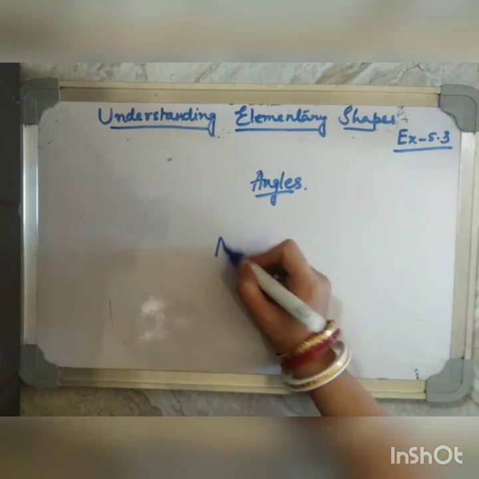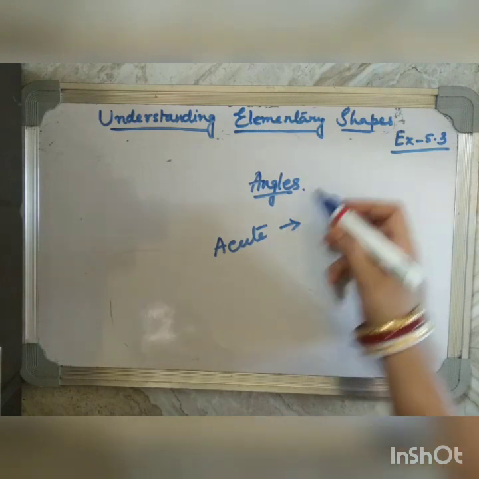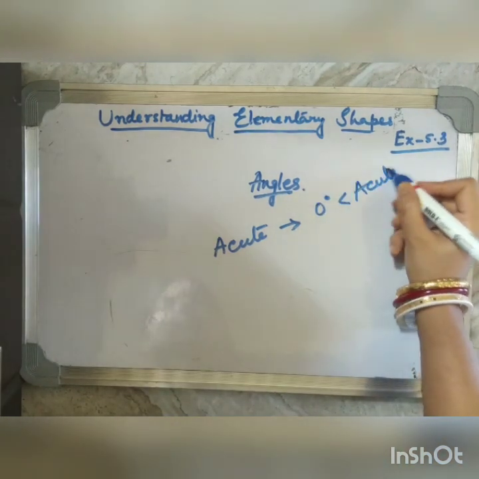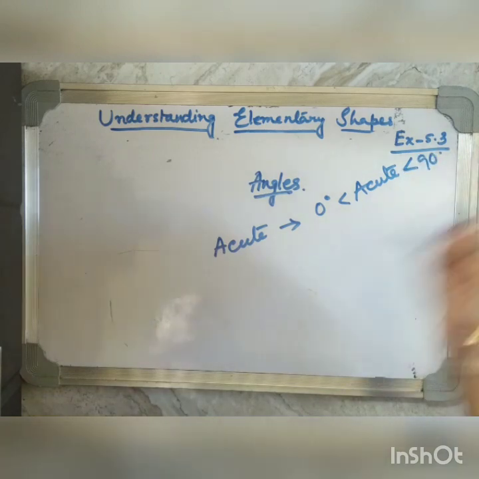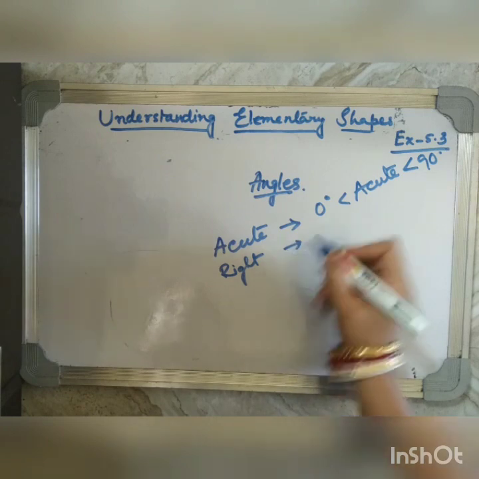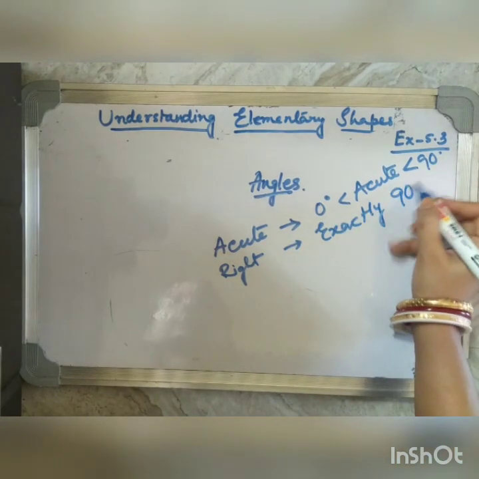Angles are: acute angle, which is more than 0 degree and less than 90 degree. Then right angle, which is exactly 90 degree.